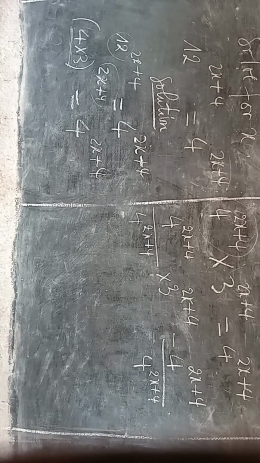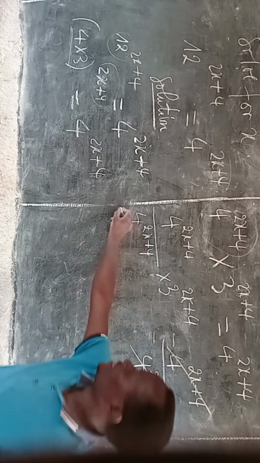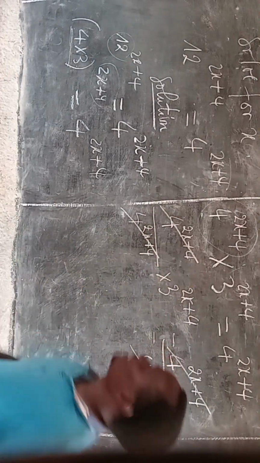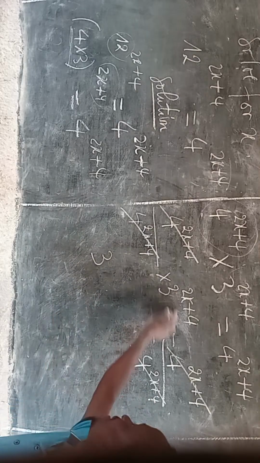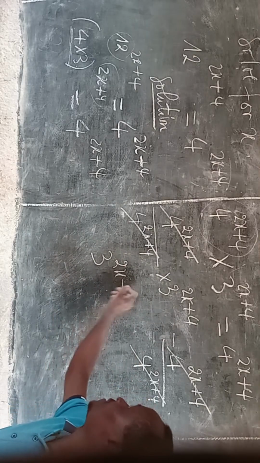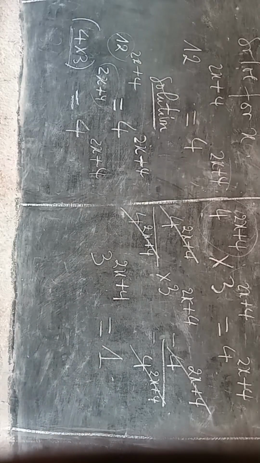Now, what is the next thing? We are going to simplify this and this one. We still have 3 power 2x plus 4, which is equal to 1.